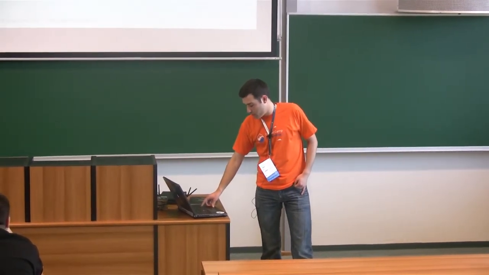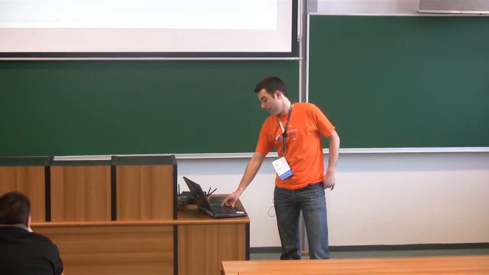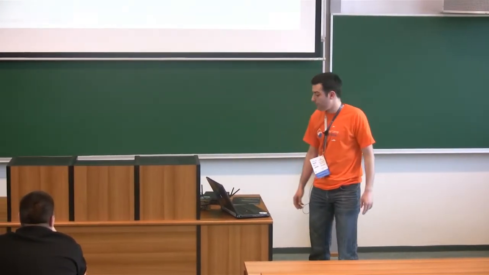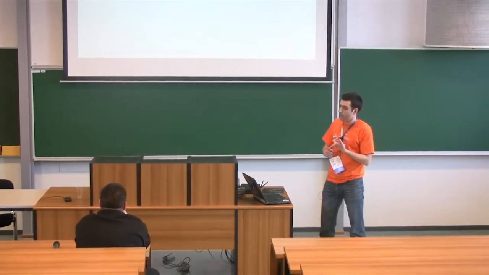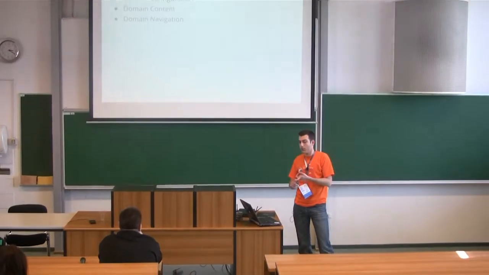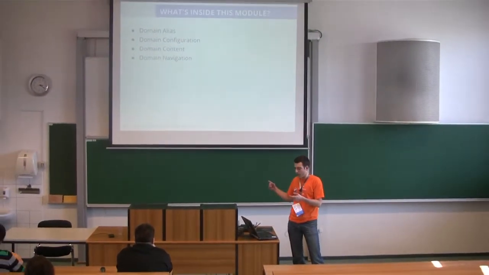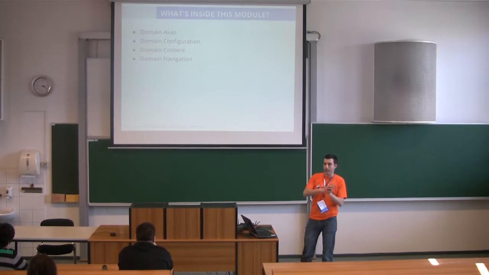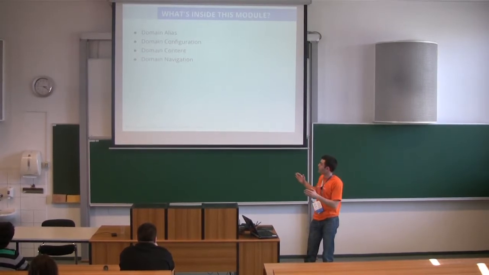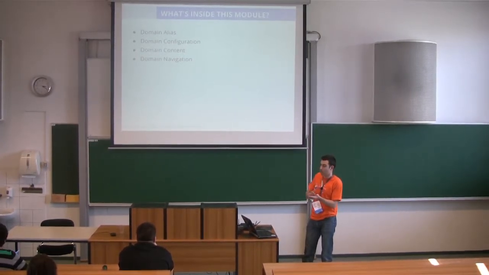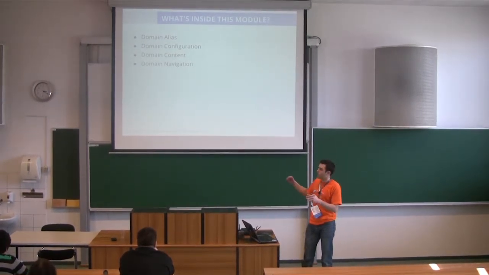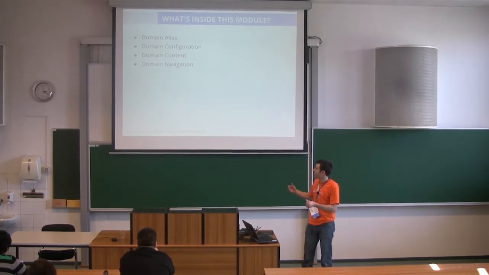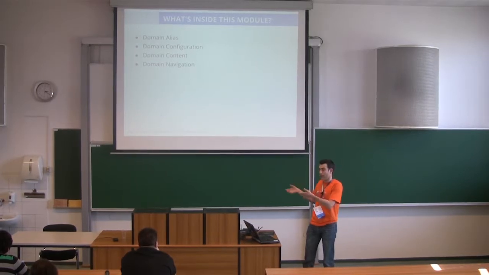Inside the main module, which is of course the core module, you have some additional modules. One of them is domain alias. Domain alias gives you the possibility to add an additional alias for a domain. So you can put in one with www or without, or if you have, I don't know, domain1.com, and then you also have domain1.net, you can specify the additional alias for this domain.